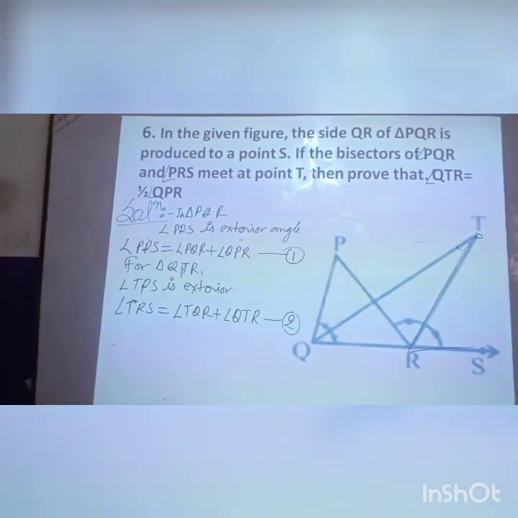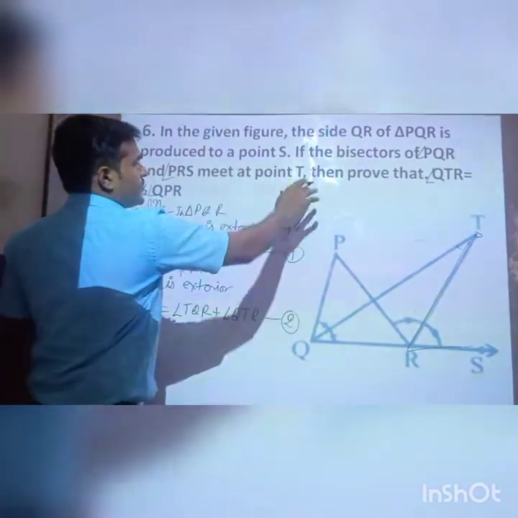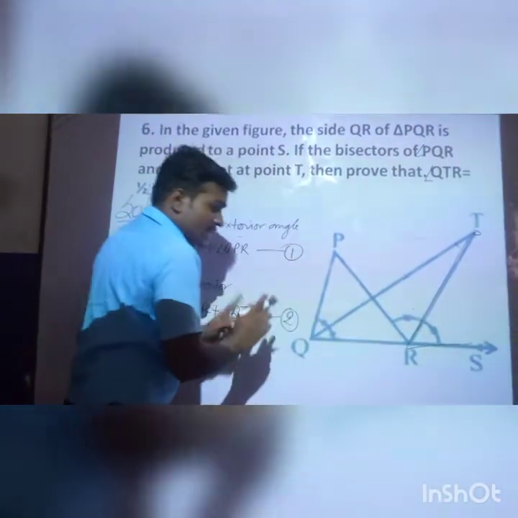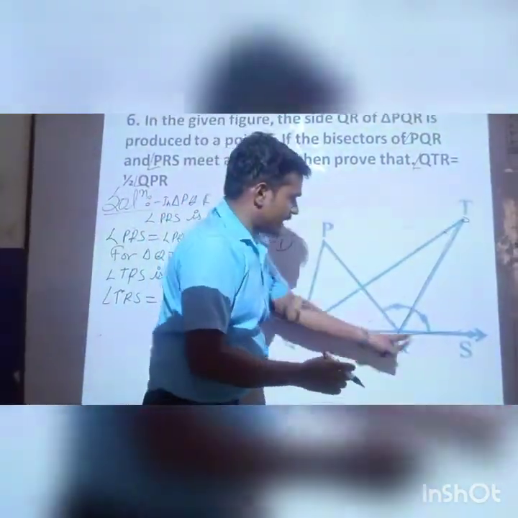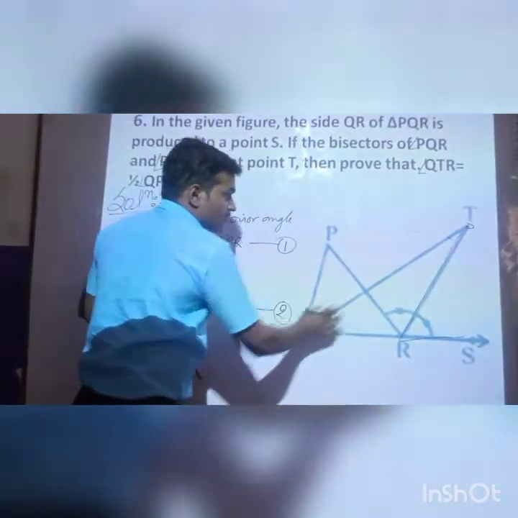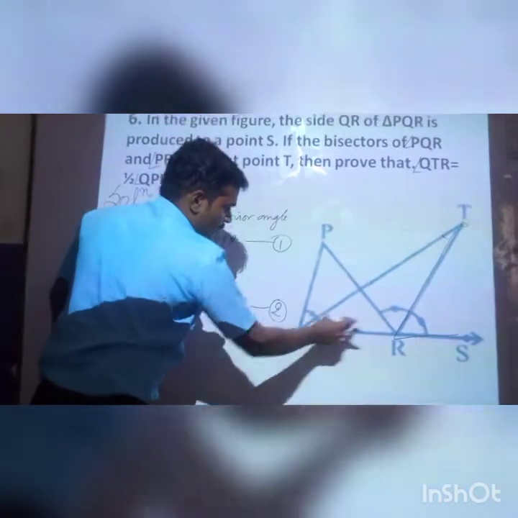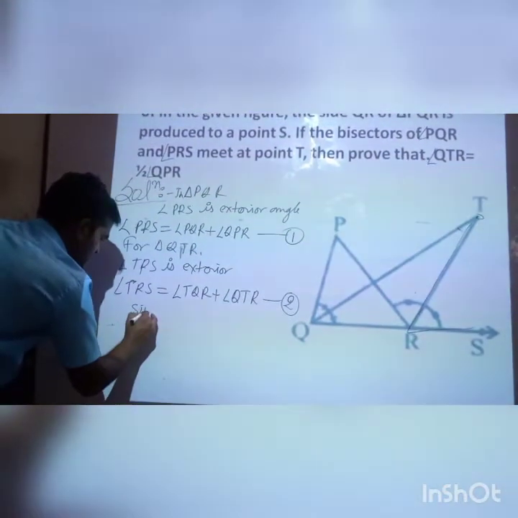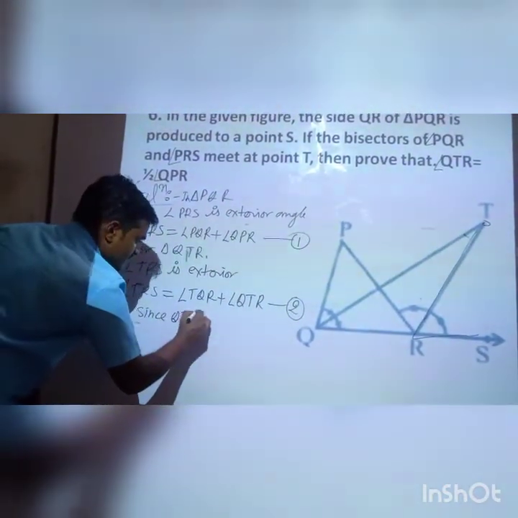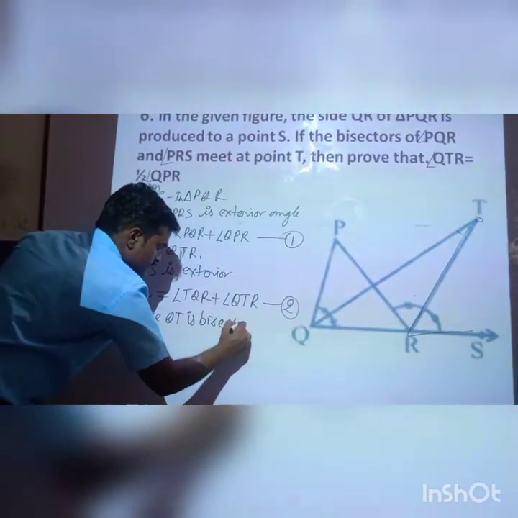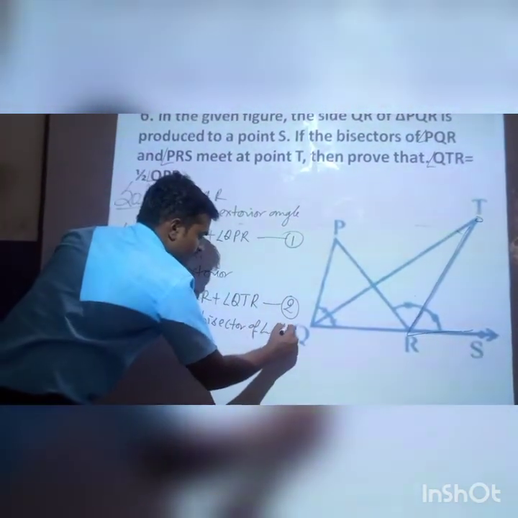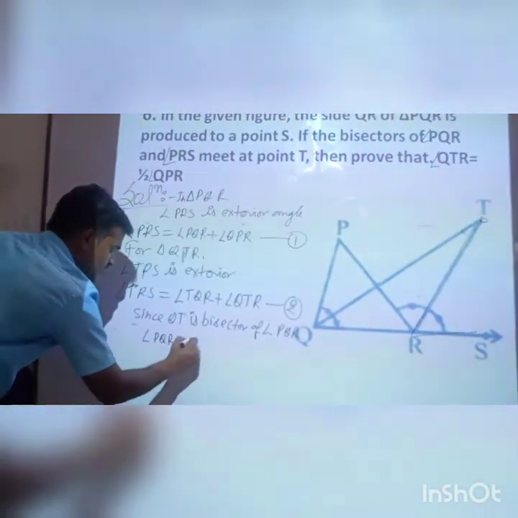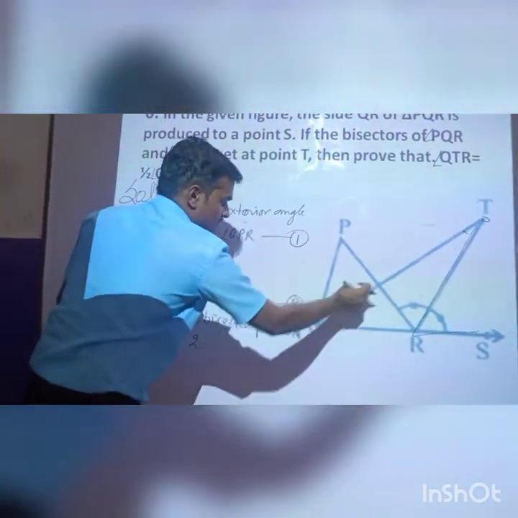Okay. Now here it is given that RT is the bisector of angle PRS, and QT is the bisector of angle PQR. So since QT is the bisector of angle PQR, angle PQR is equal to twice of angle TQR.